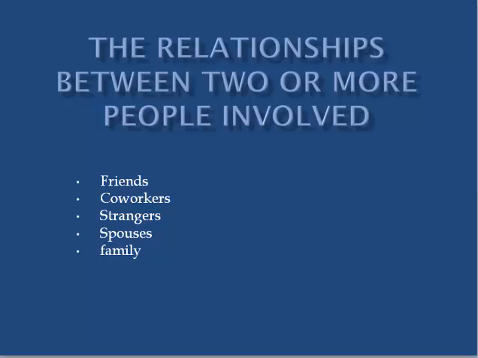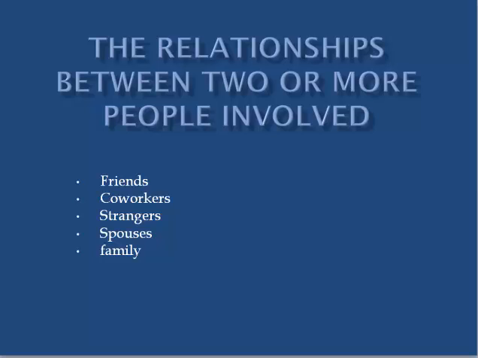Spouses, family. Usually that kind of behavior act is not going to cause a conflict. Now, I'm not saying it's not going to cause a conflict, but usually it doesn't. We talked about a hug earlier. If you give a friend, one of your family members, or a spouse a hug, the relationship is probably going to be accepting of that hug.